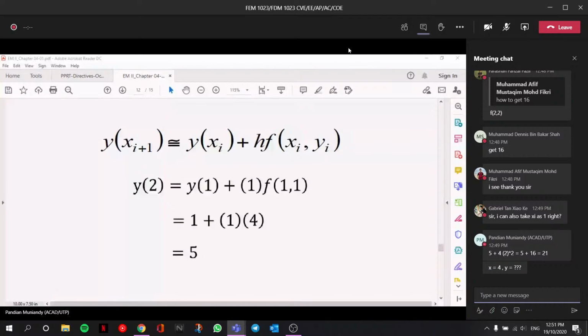So y at x equals 3, 21. So y4 equals to y(x_i).